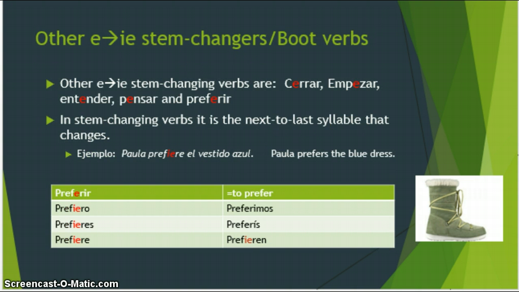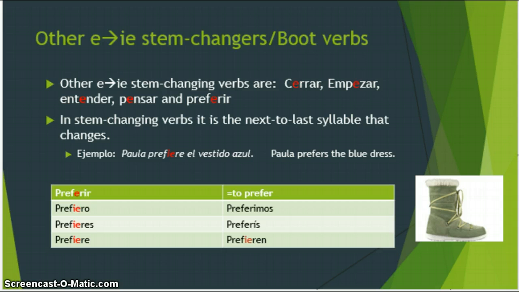Some other examples of E to IE stem changing boot verbs are the verbs cerrar, to close, empezar, to begin, entender, to understand, pensar, to think, and preferir. When I'm working with a verb that has multiple vowels in it, or multiple E's, for example, entender, I have several E's there.